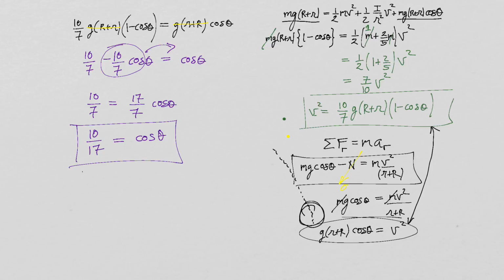So now all we have to do is the inverse cosine of 10/17, and that is equal to theta. If you plug that into your calculator, you get 53.97 degrees, and that is the final answer for theta.